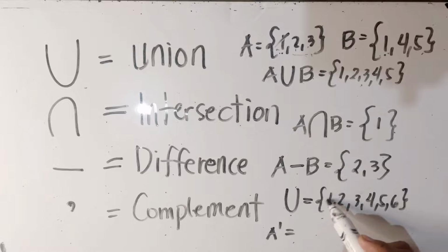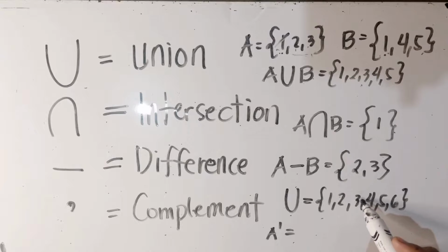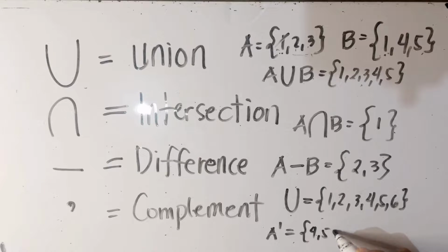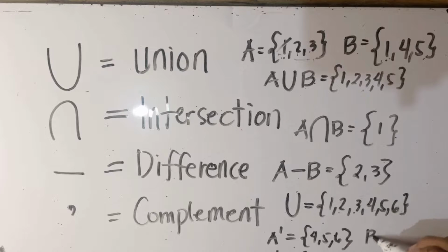So 1, 2, 3 will not be included, and what is left is 4, 5, and 6. So the complement of A is 4, 5, and 6. Let's have another example. How about the complement of B? The complement of B is 2, 3, and 6.